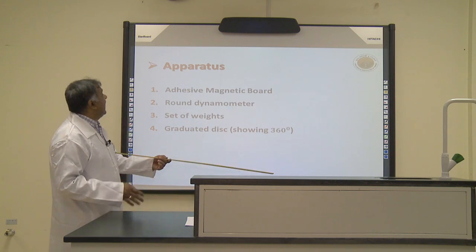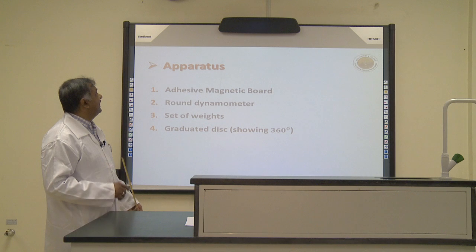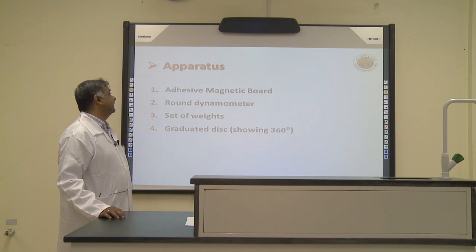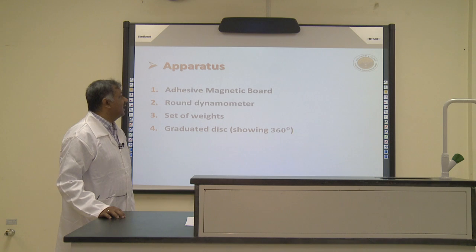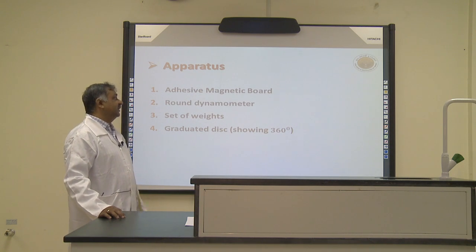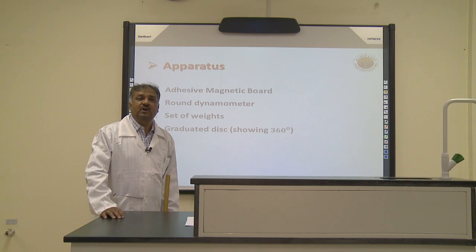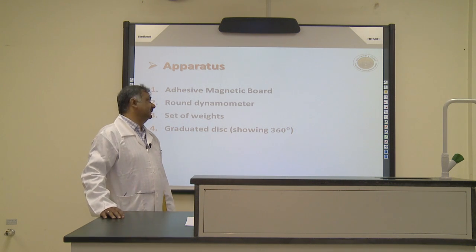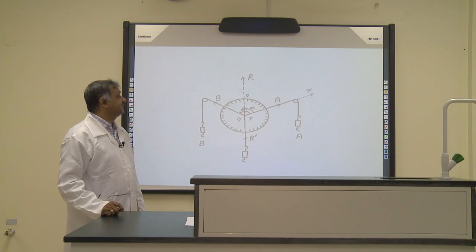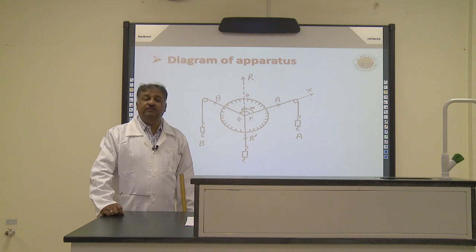The apparatus used in this experiment, number one, is the adhesive magnetic board, then the round dynamometer. Keep in mind, this dynamometer measures the force or the weight directly, and I will show you the least count for this will be 0.1.